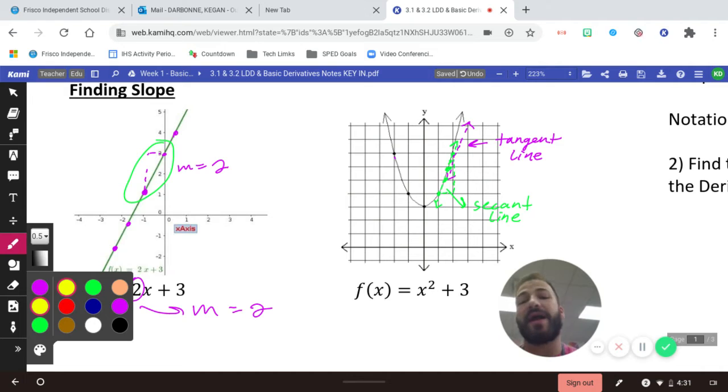So as my secant line moved closer to my tangent line, their slopes became closer in value. And eventually, they became so close in value that we could essentially say they're the same thing.